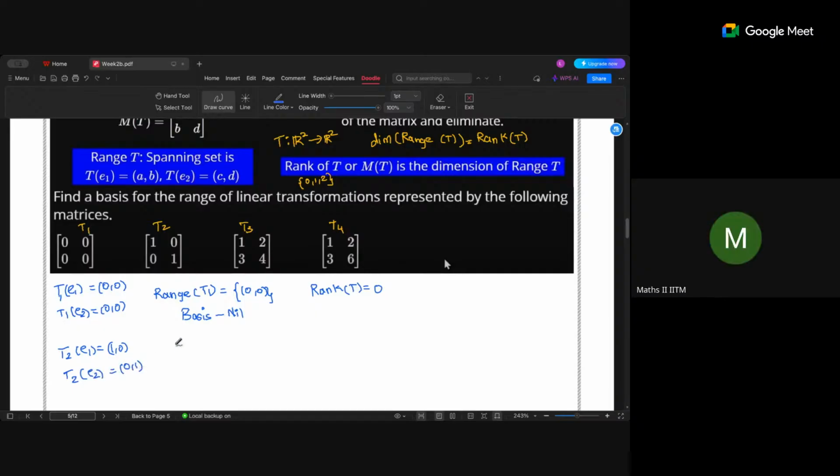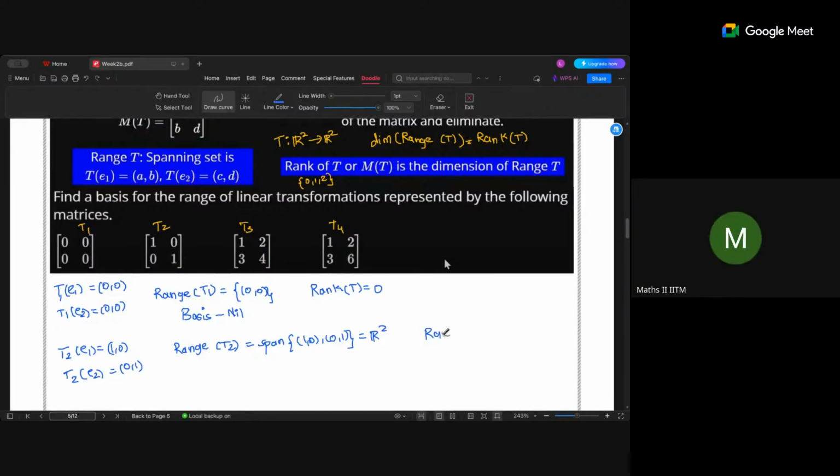So what is the range of T2? It is the span of 1 0 and 0 1, which is the whole R2.